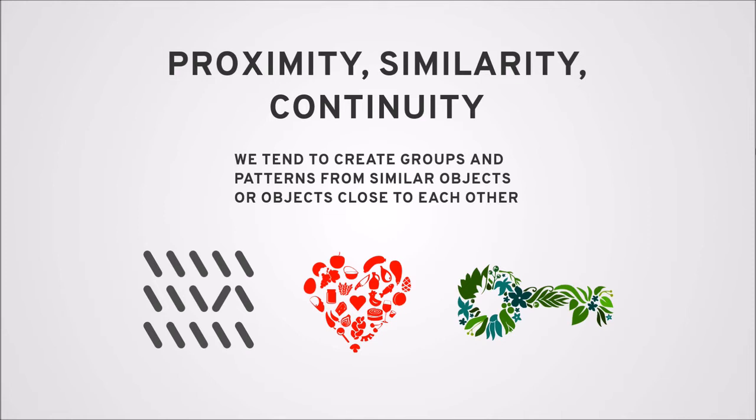So proximity and similarity work. Proximity means the distance between the objects. So if things are closer to each other, like in the heart shape or the key shape I used for logo designs earlier, you understand the small objects as well. But if you look at it from a distance, you see that they are shaping something different.